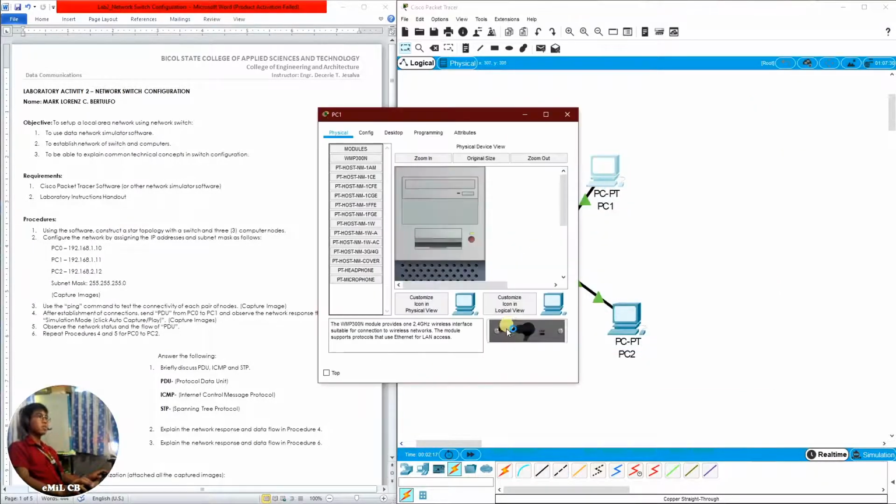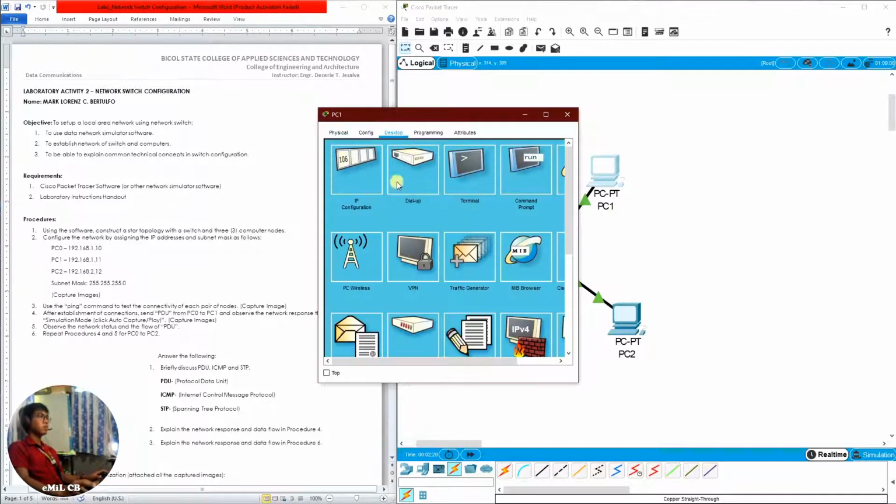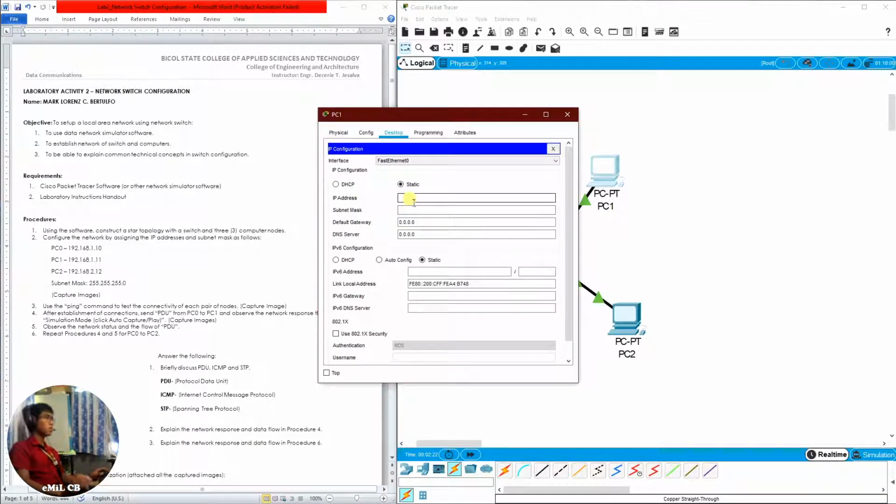Next is for PC1. The IP address will be 192.168.1.11. Same subnet mask.